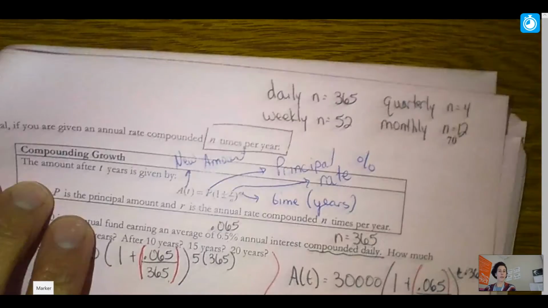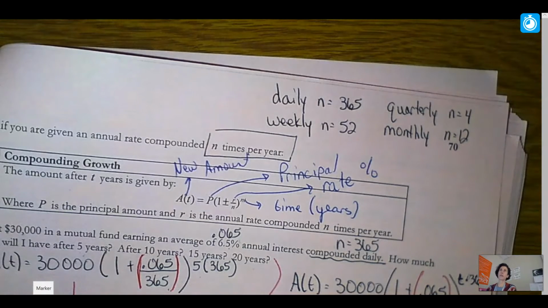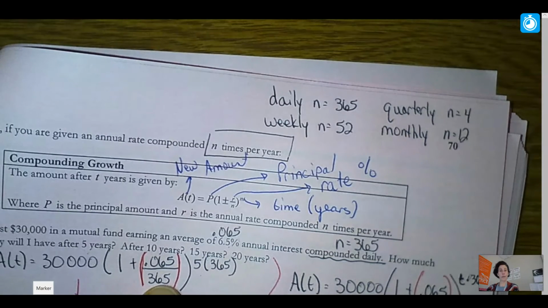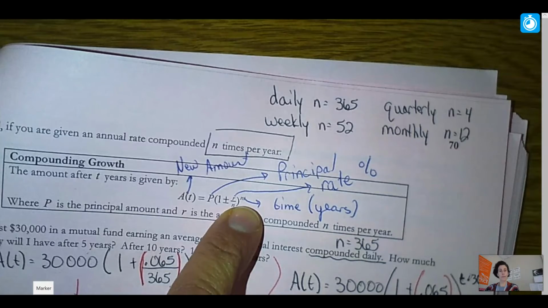And then we talked about what happens when the interest, whether it's a credit card or a savings account, compounds. Even though they give you an annual rate, when they compound or figure out the interest, they're going to do it maybe daily or monthly or yearly. So that formula from before got modified by a little bit, and here it is.